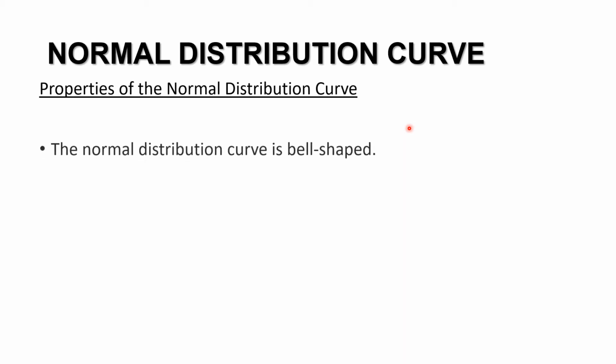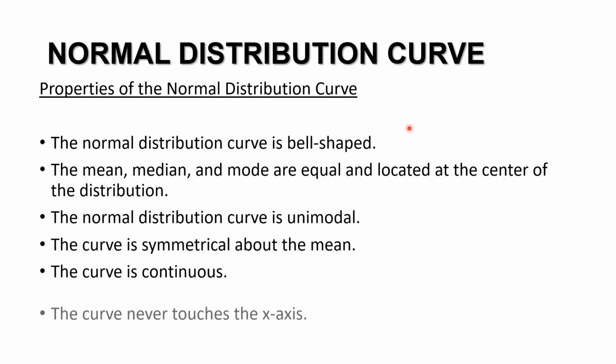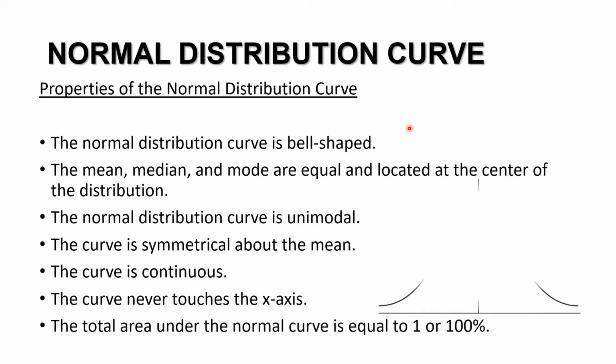Let us now talk about the properties of the normal distribution curve. This is our normal distribution curve. It is bell-shaped, and the value at the middle is our mean, our median, as well as our mode.